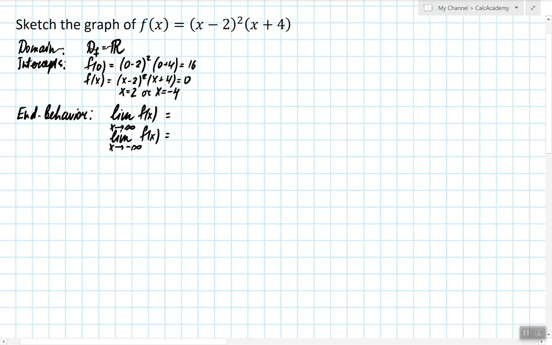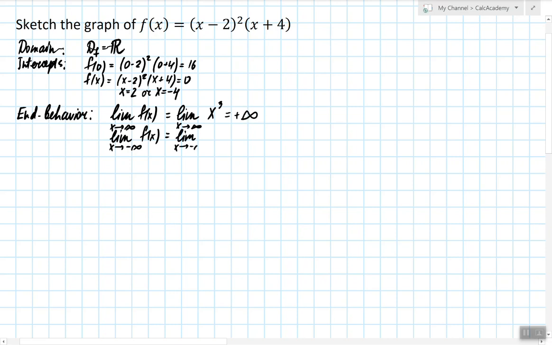Since the leading term of this polynomial is x cubed, the limit of this entire function is equal to the limit of x cubed as x goes to infinity, so it is equal to positive infinity.